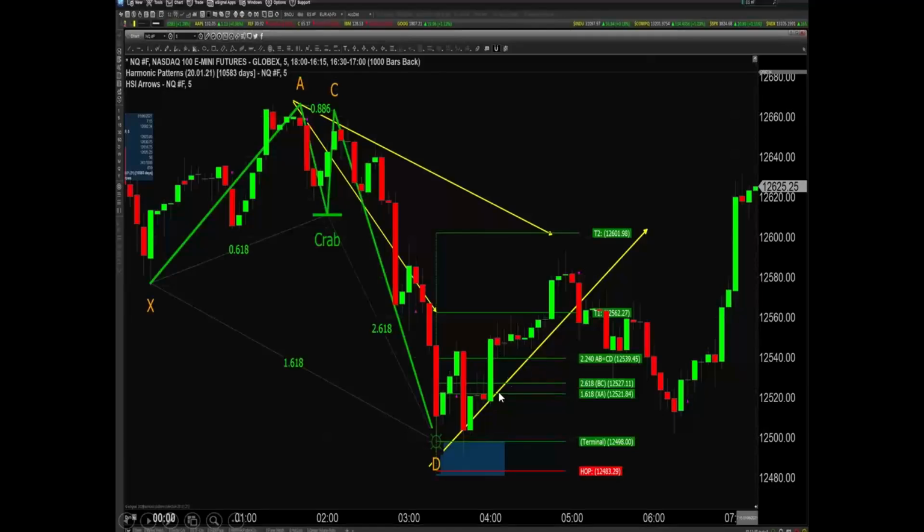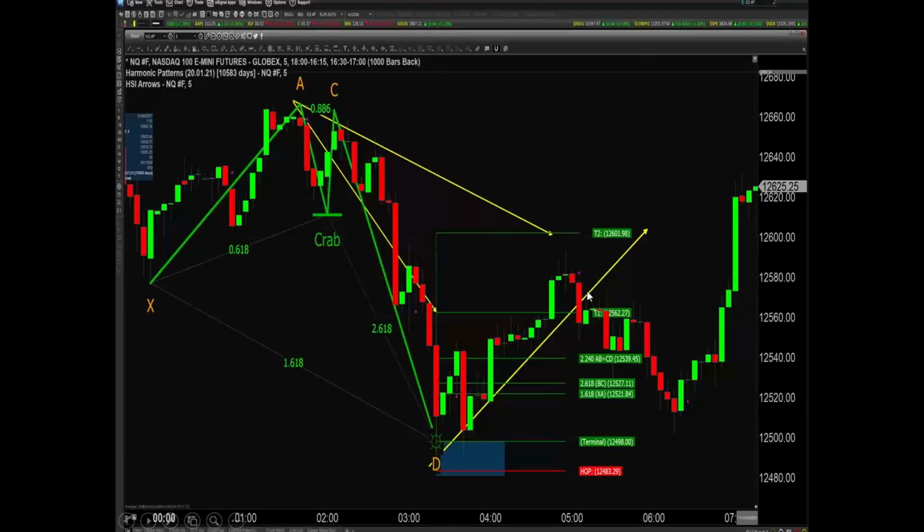But my experience is that we see this reaction so much that if you're trying to chase it on the first move, you're going to have to go through a retest. That's why I prefer to be down here, right at the terminal bar where it completes, playing it for target 1.